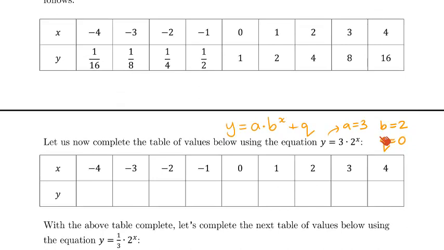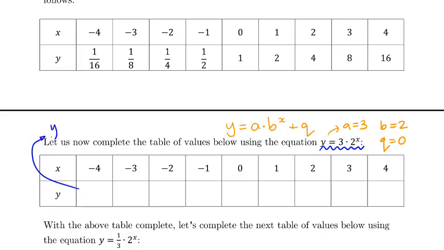So let's do this, guys. Let's calculate some points over here together. Let's do the one where x is equal to minus 4. We did that one for the classic exponential function over here. Let's do this for our new function. What is y when x is equal to minus 4? But this is now for y is equal to 3 times 2 to the x, guys.